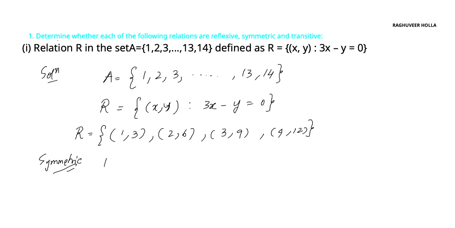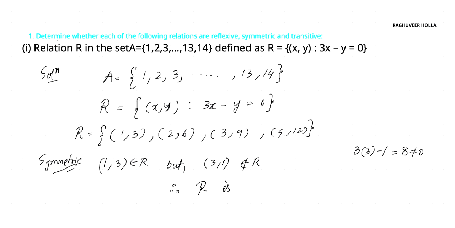If I take 1 comma 3, this belongs to R, as you can see under the relation R. But if you look at 3 comma 1, that does not belong to R. If I substitute, 3 multiplied by 3 minus 1 results in 8, which is not equal to 0. So R is not symmetric.